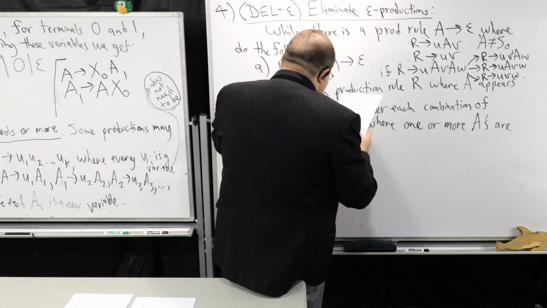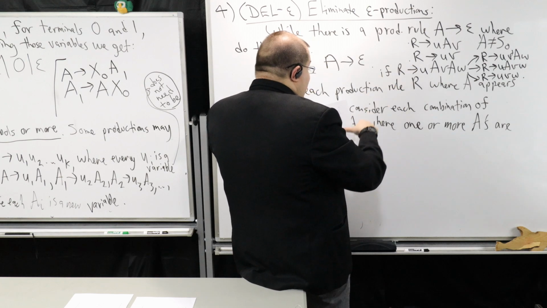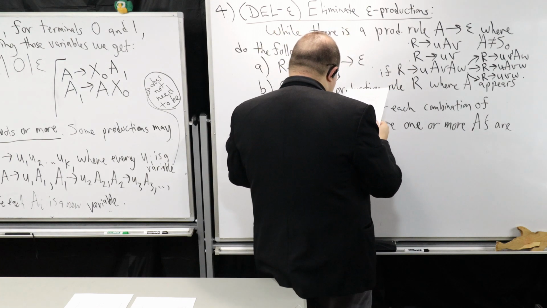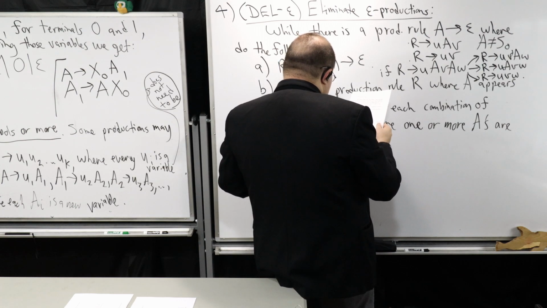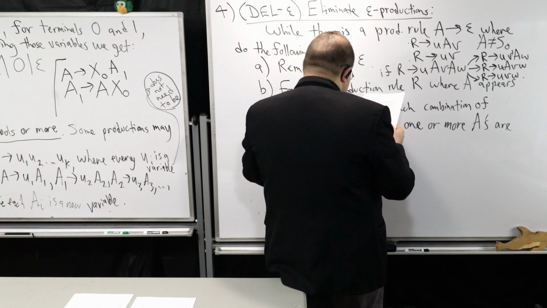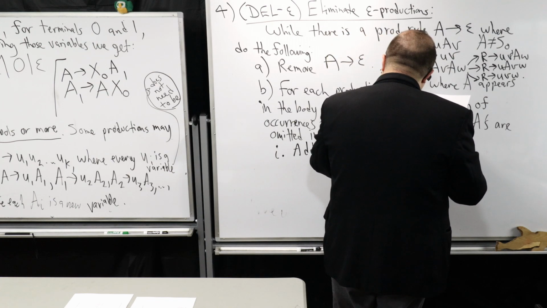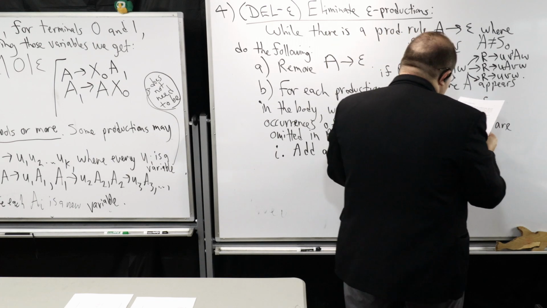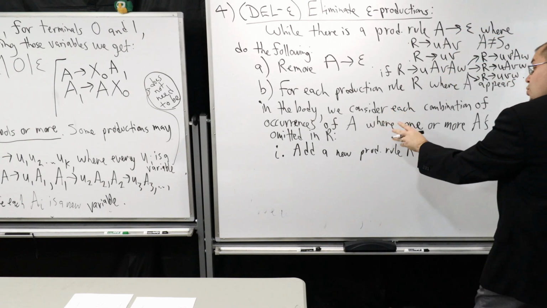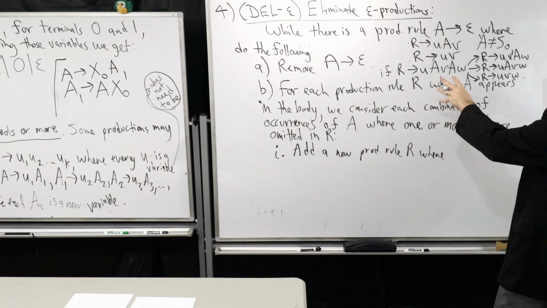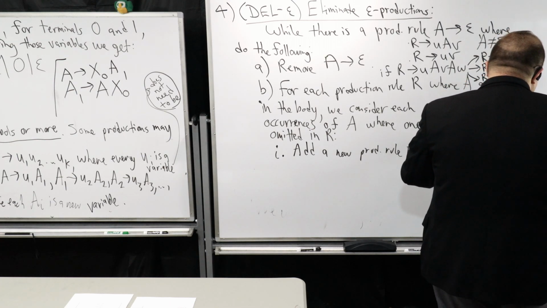So let me just give you a flavor for what we're going to do with this. I have more details, by the way, in the notes if you find yourself confused by this step, but I'm hoping you're following me just fine. So I'm just going to do what I just said a moment ago. Add a new production rule R. Notice I'm not removing anything. I'm just going to add new production rules.